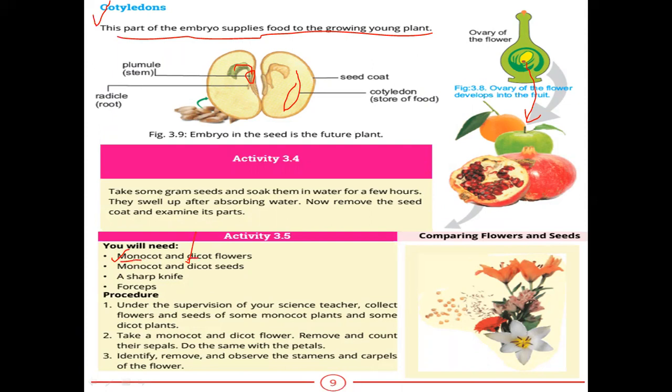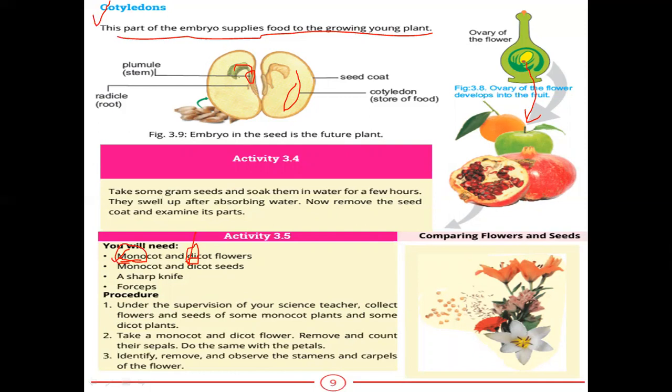Monocot are those plants or flowers which have one cotyledon, like one leaf, and dicot plants or flowers, di means two, have two cotyledons like this.